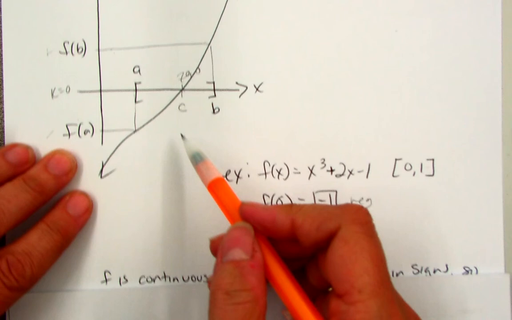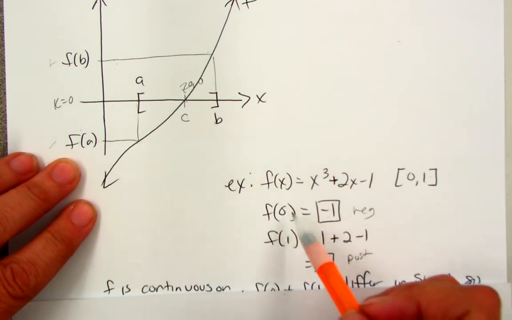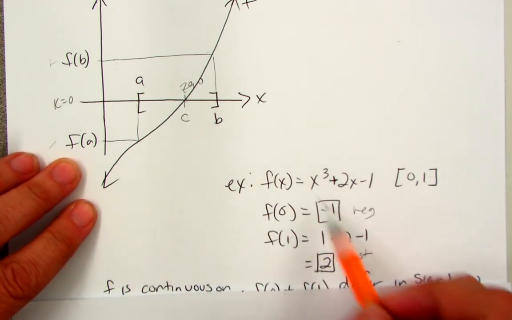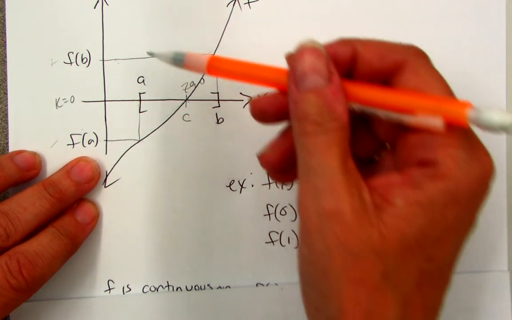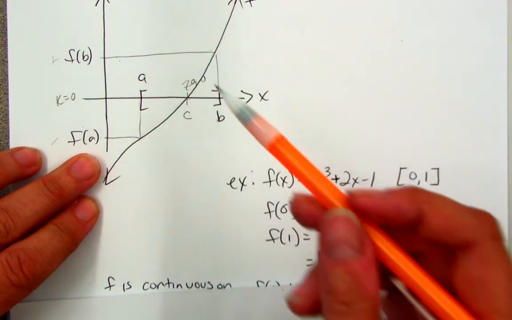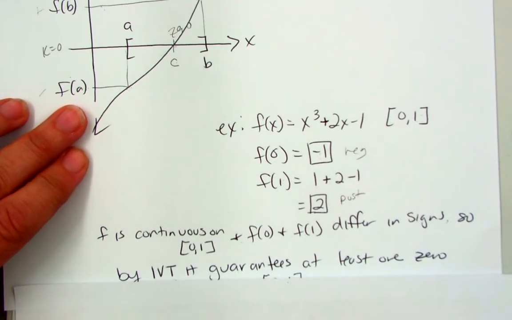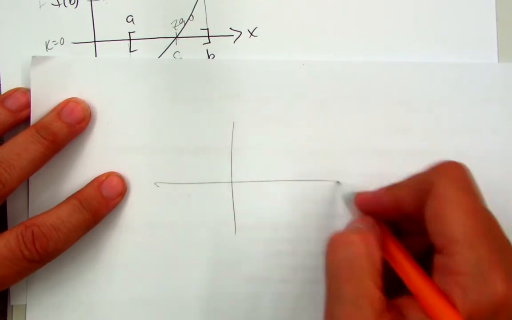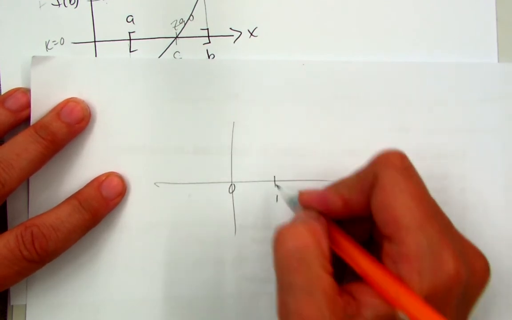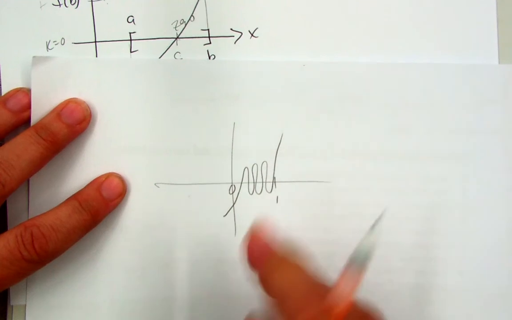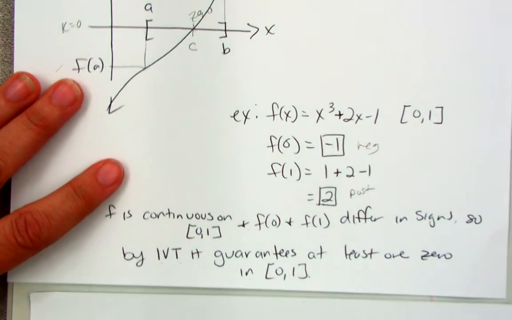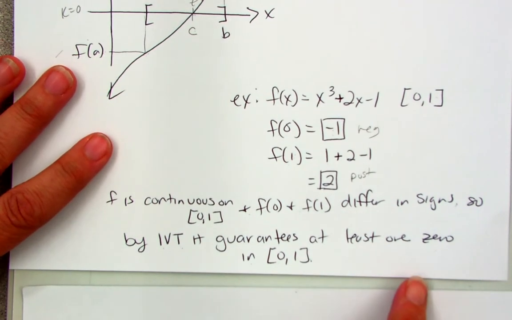It looks something like this graph. At 0, my y is negative 1. At f of 1, my output is positive, therefore there must be at least one 0. There could be more. Between 0 and 1, that function could go like this. By the intermediate value theorem, it just guarantees at least one 0.